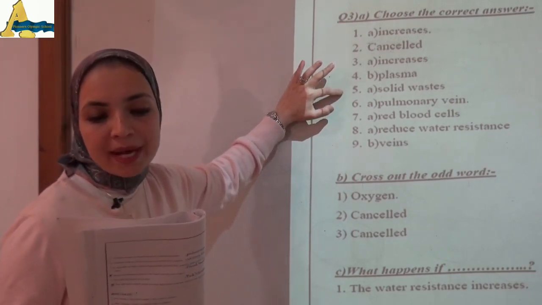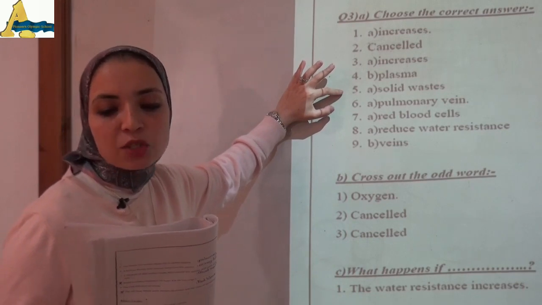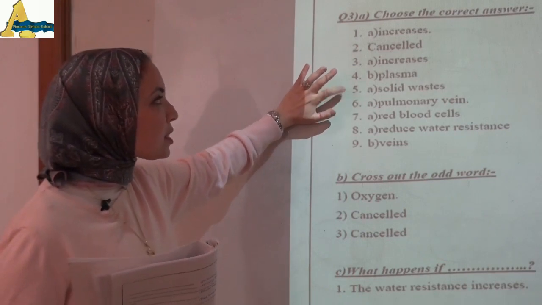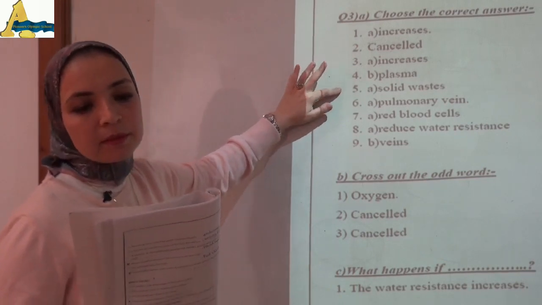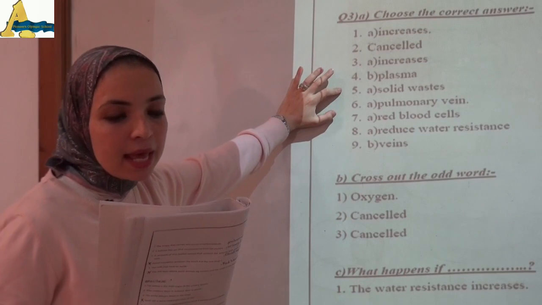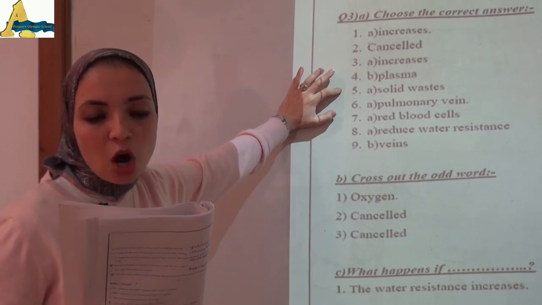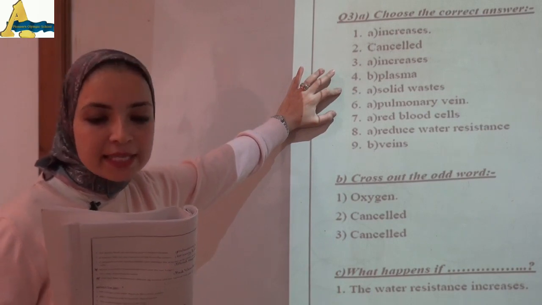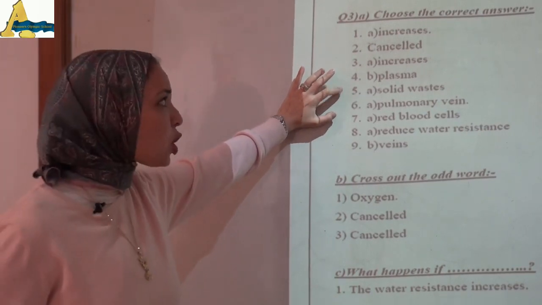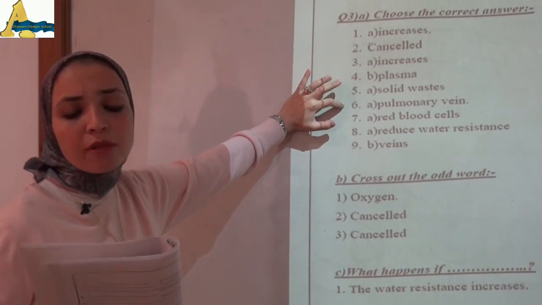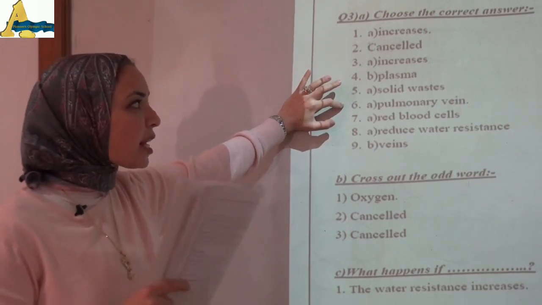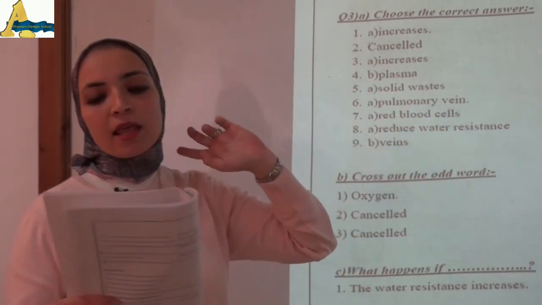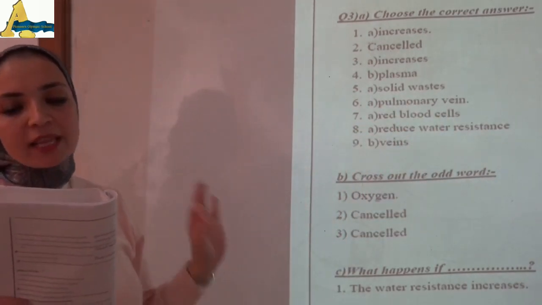The food which the body can't digest and stores in the large intestine is called the solid wastes. A blood vessel which carries oxygen is the pulmonary vein. As you know, it is also the exception among veins, because all veins carry blood which is rich in carbon dioxide, while the pulmonary veins carry blood which is rich in oxygen.